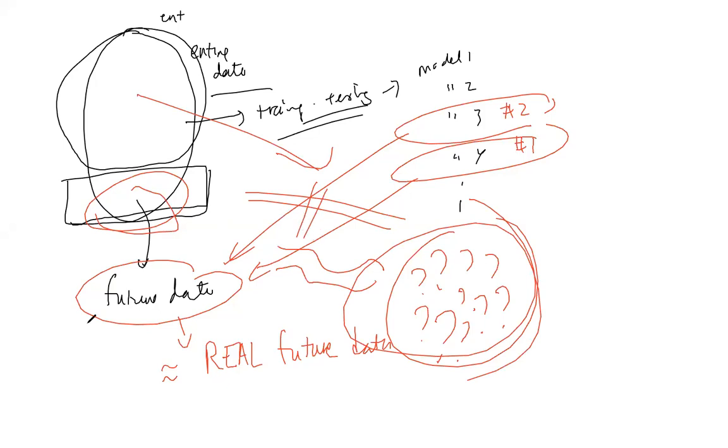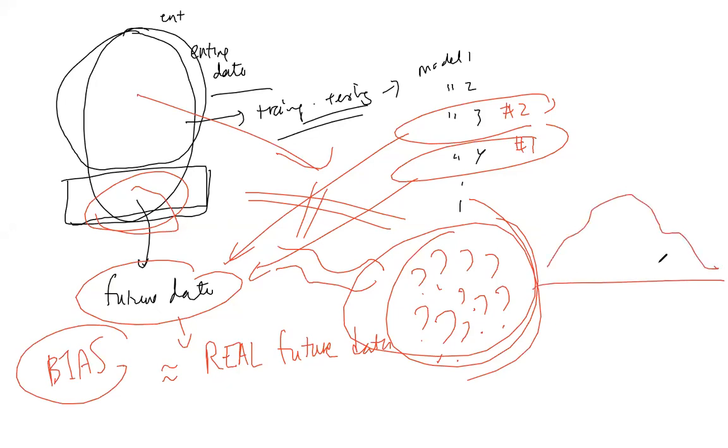That's why the question of bias here is really important. Let's say the real future data is somewhere like this, with a distribution like that. If you have collected your evaluation data not representatively, but from just this corner, you may have a lot of data, but only for this corner of the entire data that is going to come from the future.